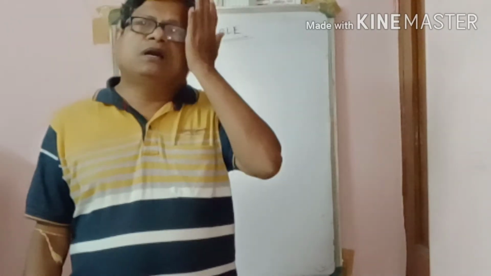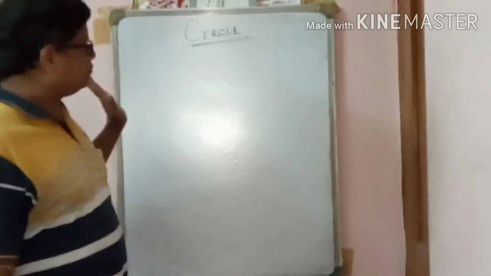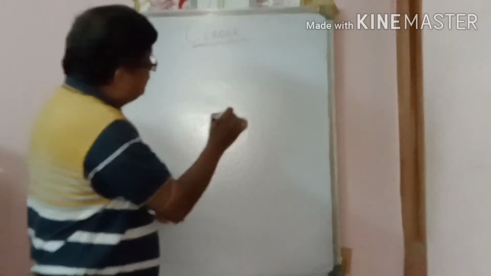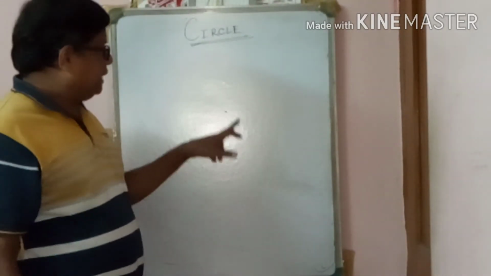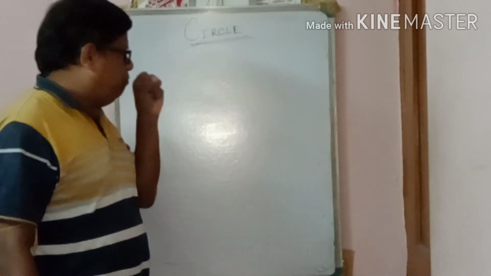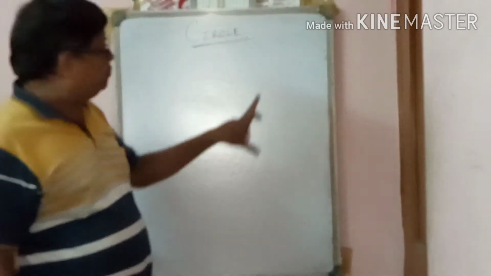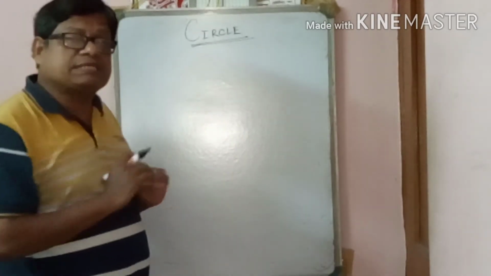How to define a circle? Listen now. See, in a plane, suppose one point is there. This is the fixed point. A point moves in such a way that the distance from the fixed point to the moving point is always the same.